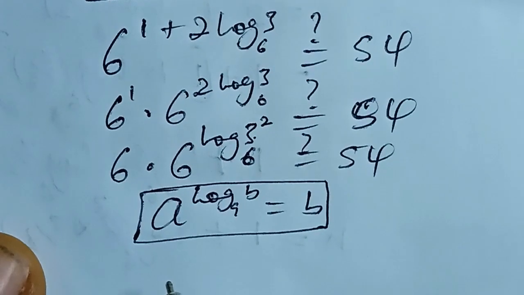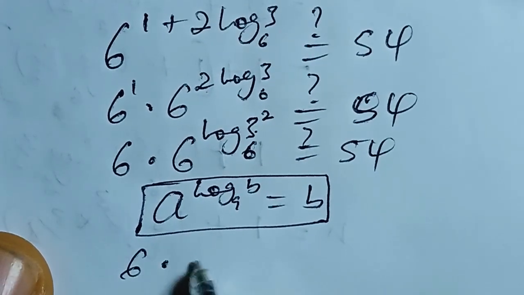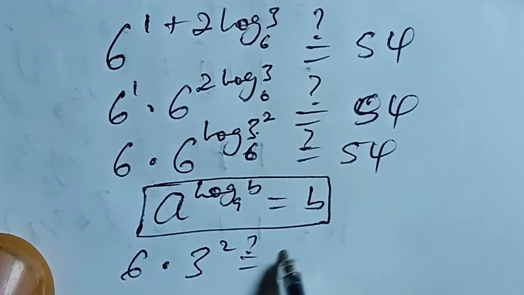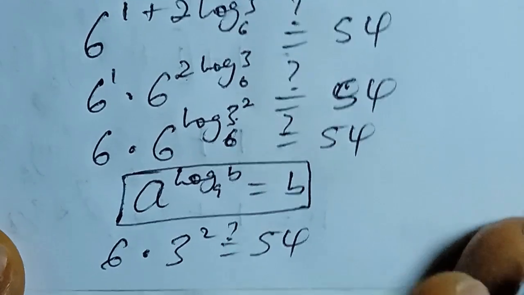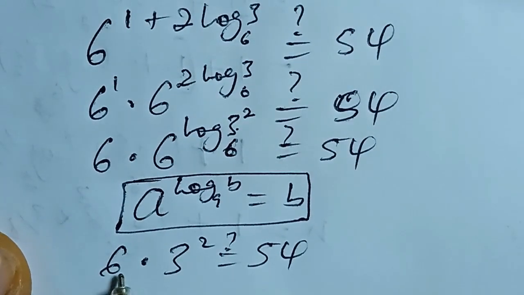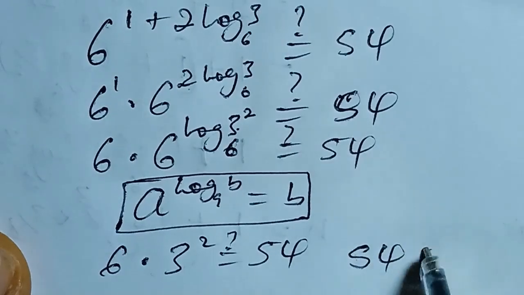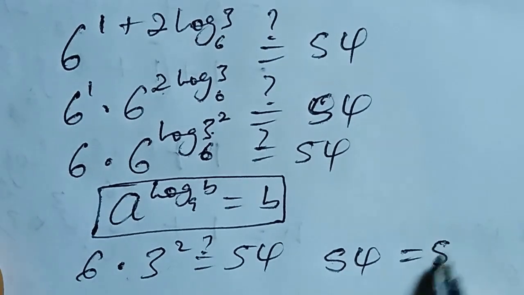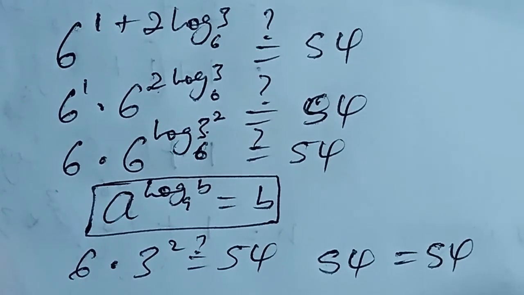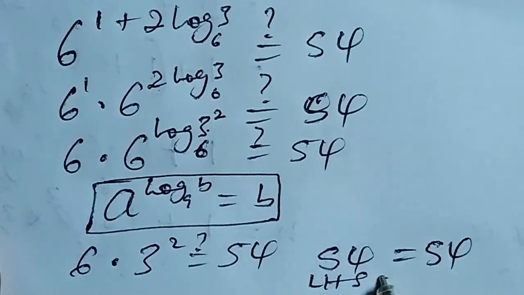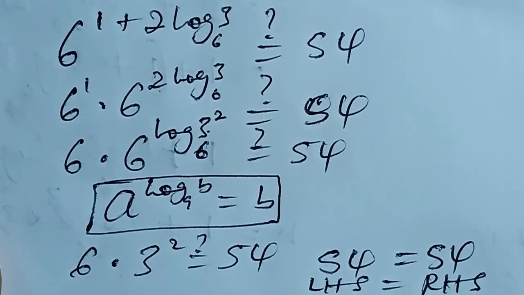So our next step is 6 multiplied by 3 to the power of 2, is that equal to 54? If we multiply 6 by 3 to the power of 2, which is 9, that will be equal to 54, which is equal to 54. And this proves the left hand side, LHS, is equal to the right hand side, RHS.